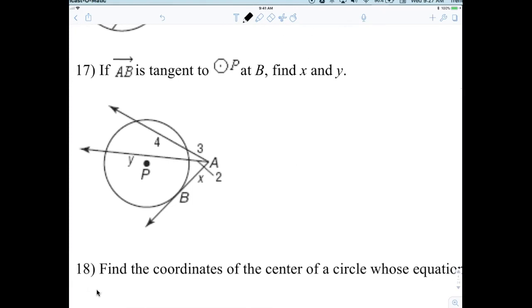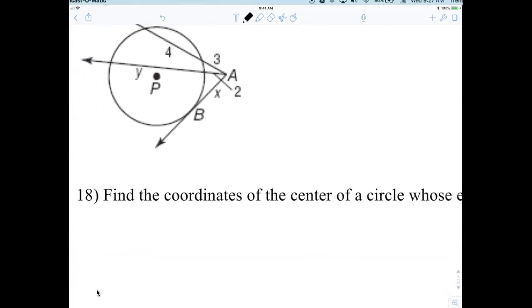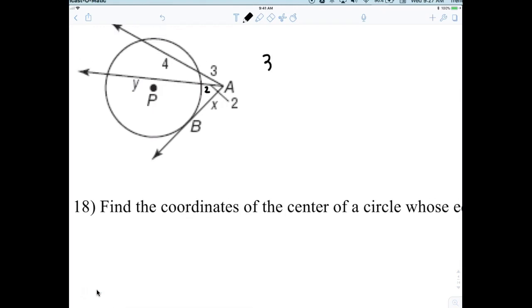All right. So let's take a look at what it says on 17. If AB is tangent, find x and y. They're saying that this length right here is 2. 3 times 7 is equal to 2 times 2 plus y.